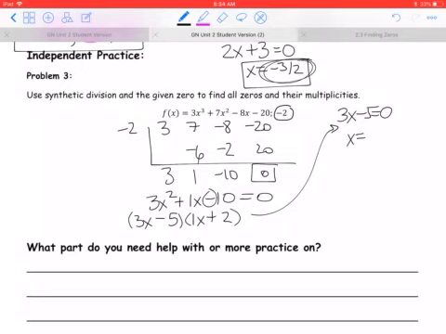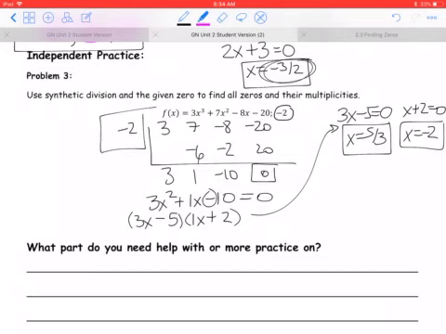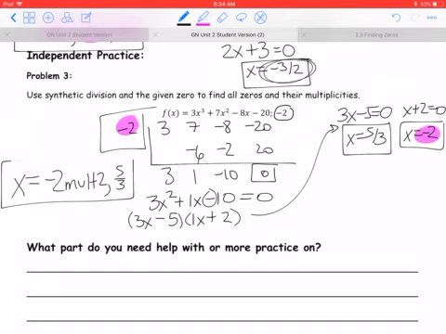So here we get 5/3, x plus 2 equals 0, and we get -2. And there's only 2 there. Where's our third? Right here. And notice these two are the exact same, so that's a multiplicity. So our zeros are -2 mult 2, or multiplicity 2, and then 5/3. And make sure you have the signs correct.